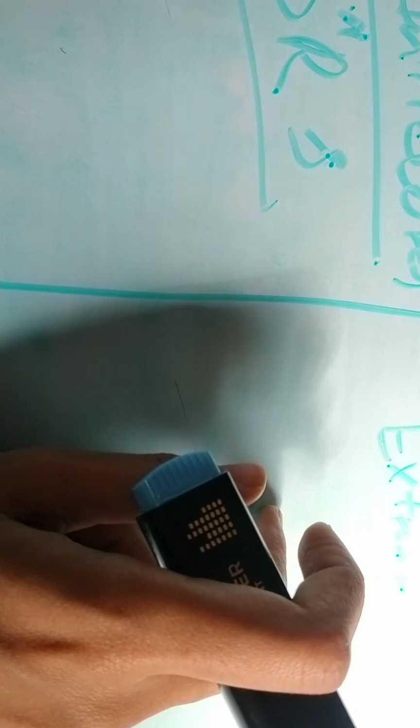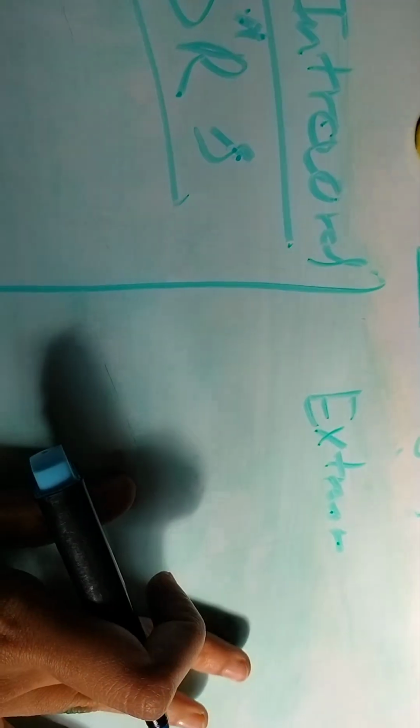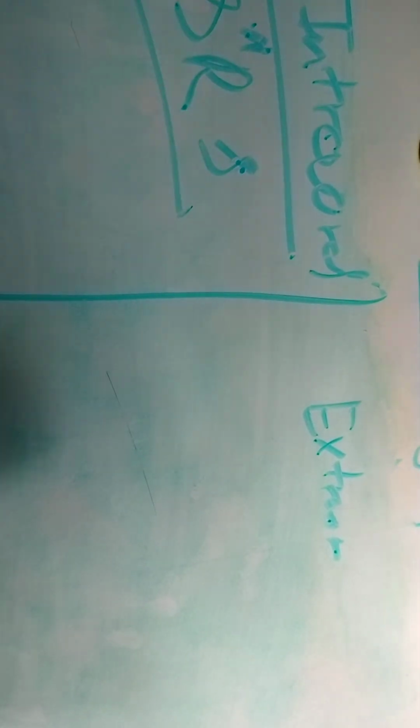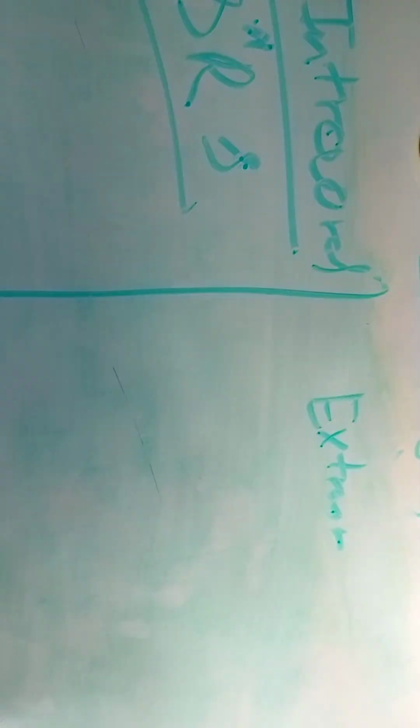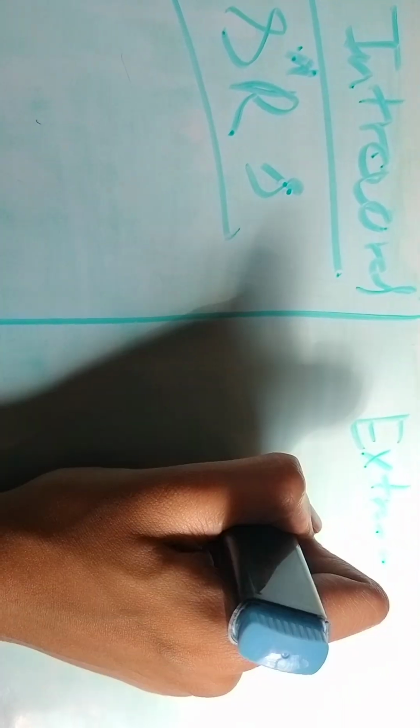Extraoral anchorage is where one of the units is situated outside the oral cavity. The use of cranial, occipital, and cervical areas, with the intraoral resistant unit, is one of the oldest forms of orthodontic therapy. In this, there is no movement of the anchorage unit.